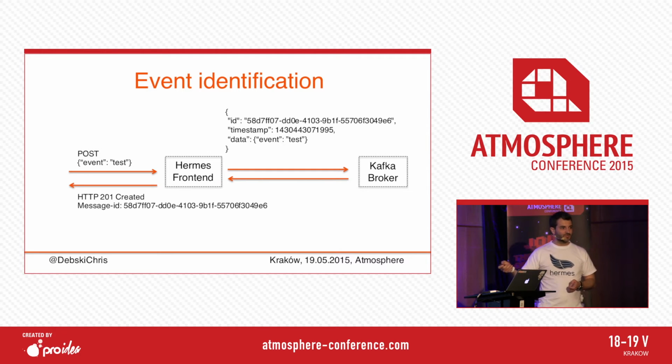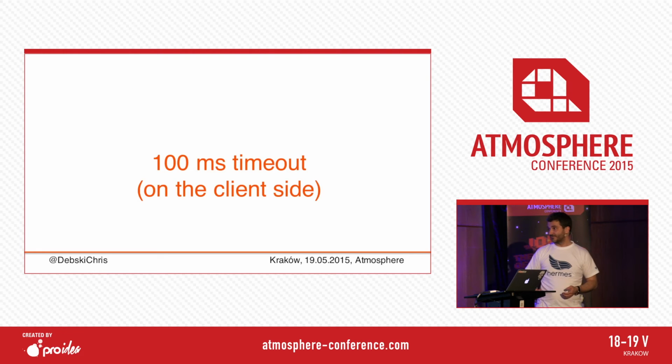What is really important is that it's a UUID, so it is not connected to data that is in the payload. We also added a timestamp of sending data to Kafka, so we can check whether something wrong happened. And we also send this message ID back to the client. Because of that, he can correlate the data that was sent to Hermes and the data that was sent by Hermes. And he can compensate, and they can compensate all the events that might be lost.